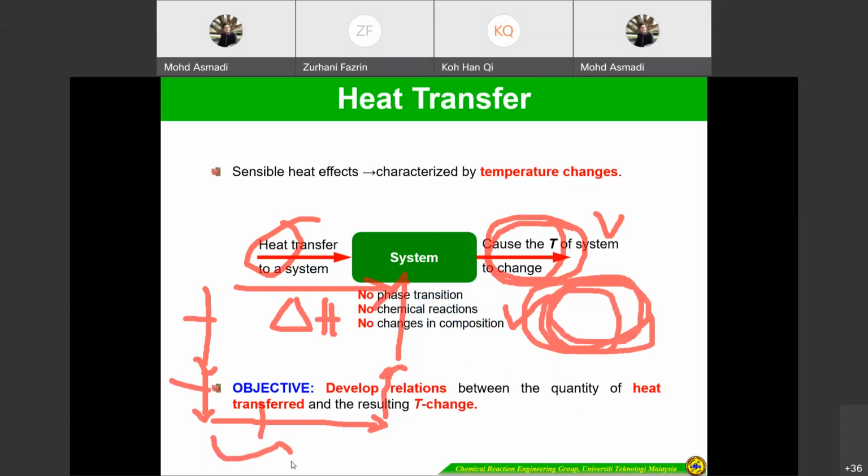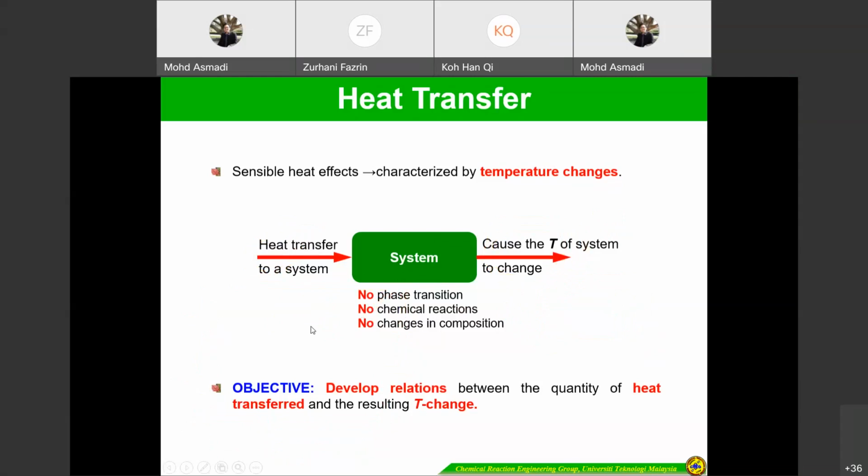This is under the reference state. We have to bring it to the reference state, 25 degrees and 1 bar, because we have information at the reference state. That's why we use it. Then you can calculate the total change in enthalpy, and from the change in enthalpy times the number of moles, you can get the heat transfer.